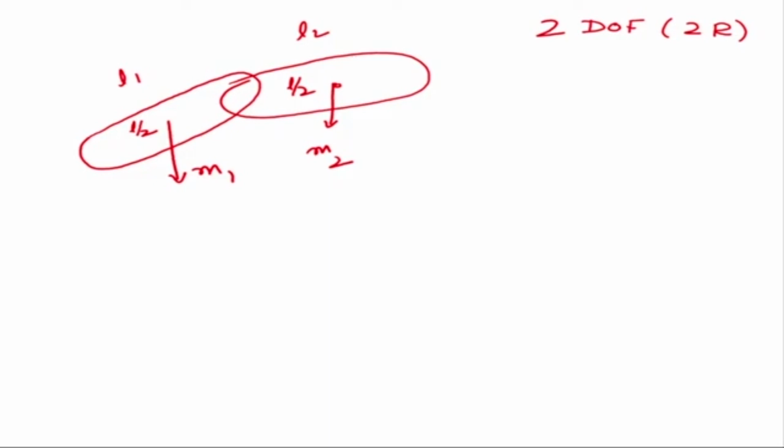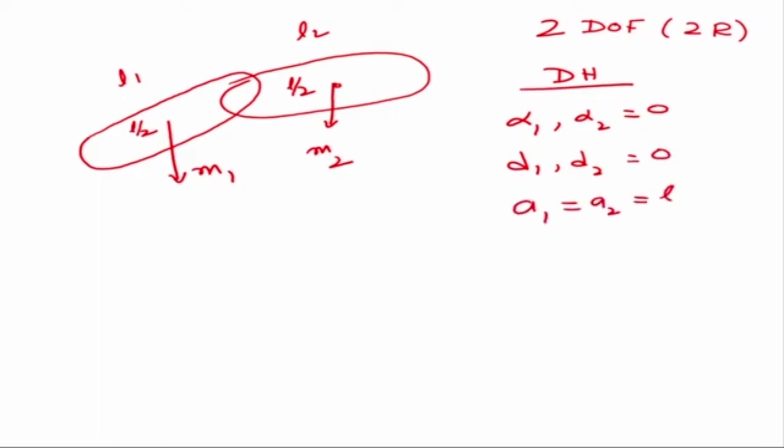In terms of the DH parameters, alpha 1 and alpha 2 are equal to 0 because it's a planar manipulator. D1 and D2, the offsets, are also equal to 0, and the link lengths A1 and A2 are equal to L. Theta 1 is one angle, which is a variable, and the other angle is theta 2, and these two are the variables.